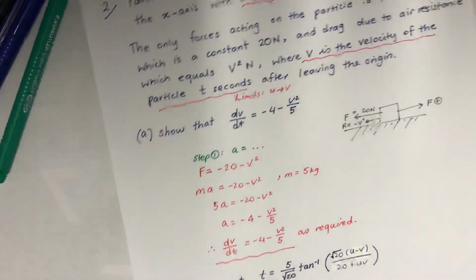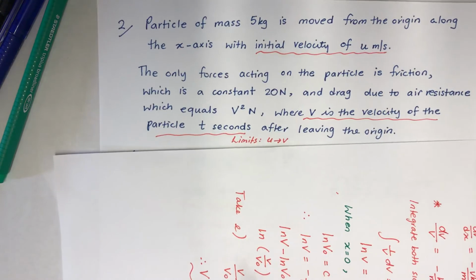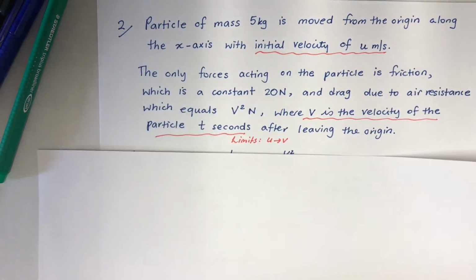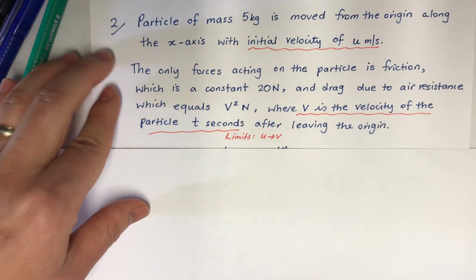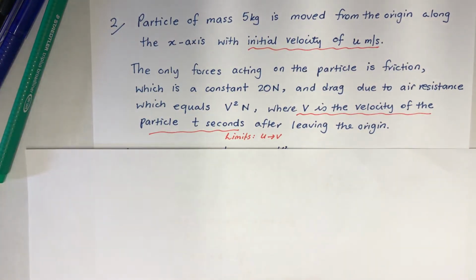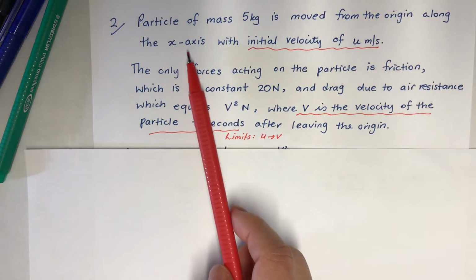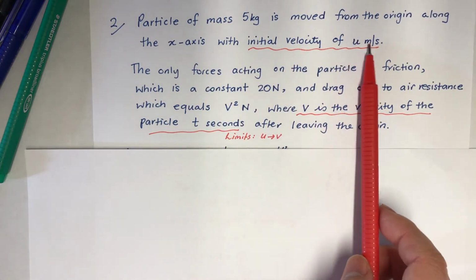Now second question, let's have a look at the second question. Oops, I'm just getting the wrong paper to cover. So a particle of mass 5 kilograms is moved from the origin along the x-axis, so we're not going to worry about the vertical, only the horizontal part, with initial velocity of u meters per second.